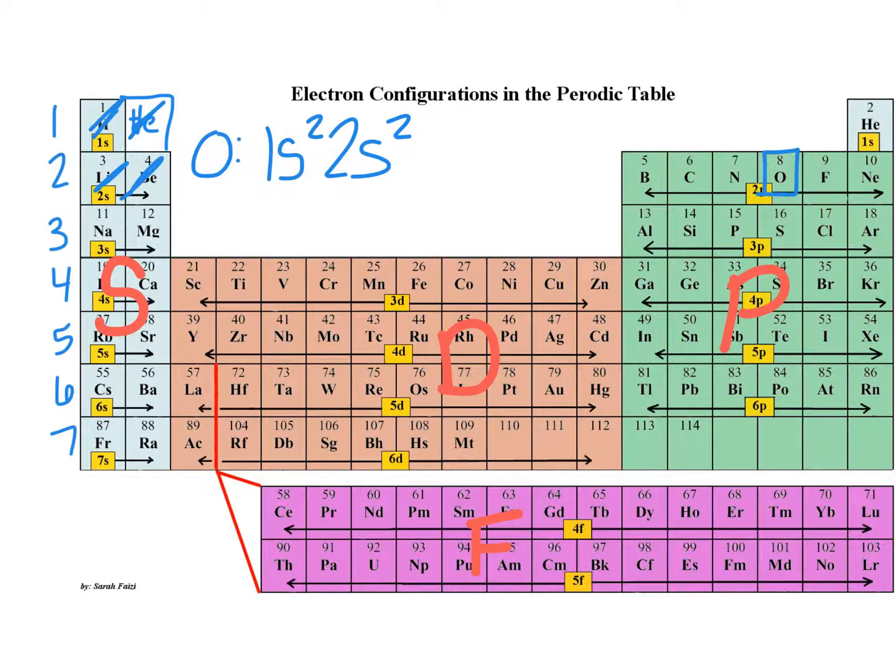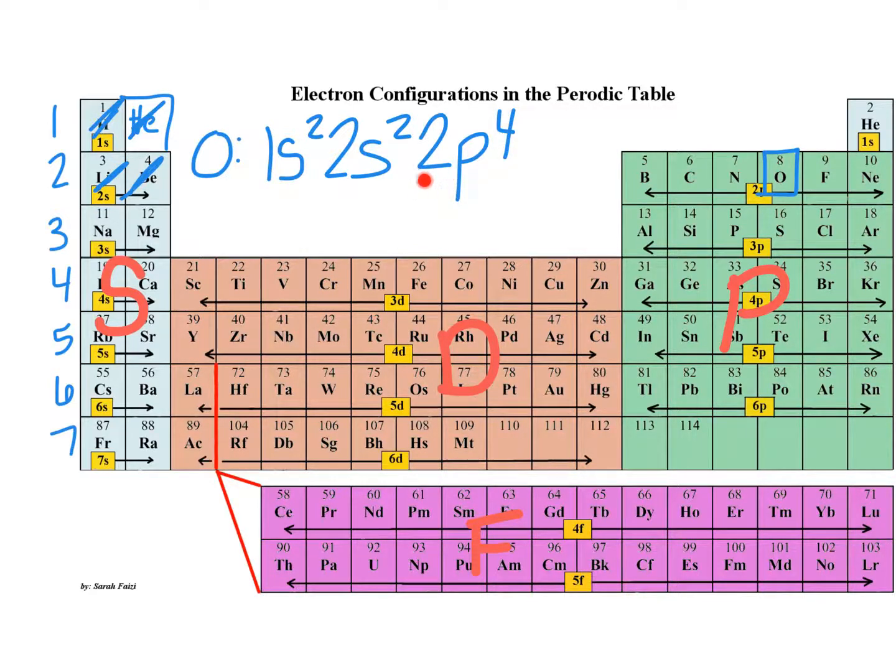The next element is boron. I'm still in the second row down on the periodic table, so that's the second energy level. But now I'm in this green area. That's the P block. So I'm going to put a P, and I'm going to count over until I get to oxygen. 1, 2, 3, 4. So 2p4. That's the electron configuration for oxygen.